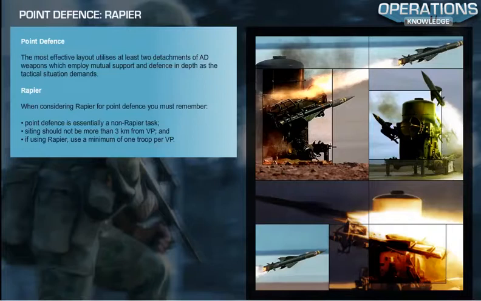Furthermore, sufficient mutual support and defence in depth is provided to engage a multiple attack against the defence. For a point defence task, the best combination of sites must be selected, with compromises between early engagement and mutual support made as the tactical situation demands.